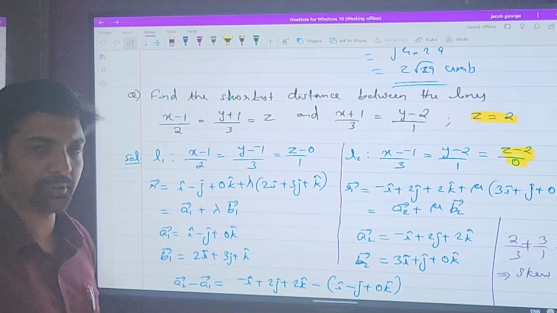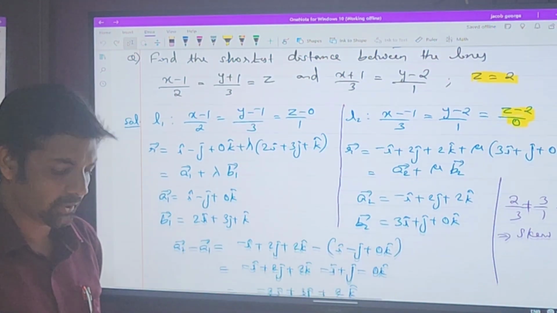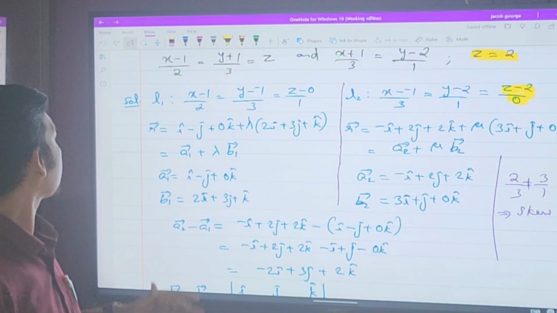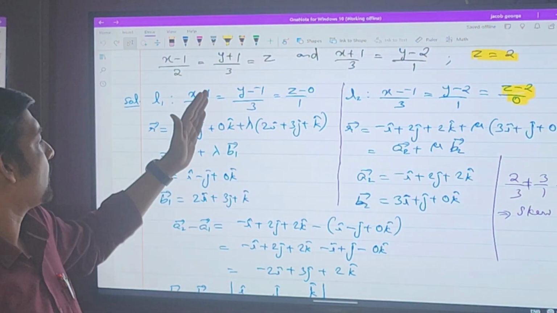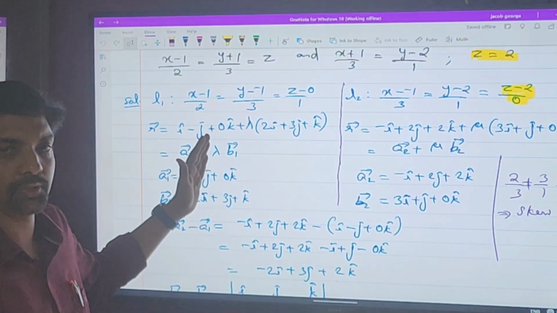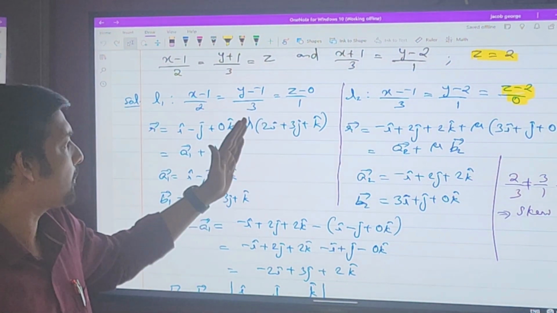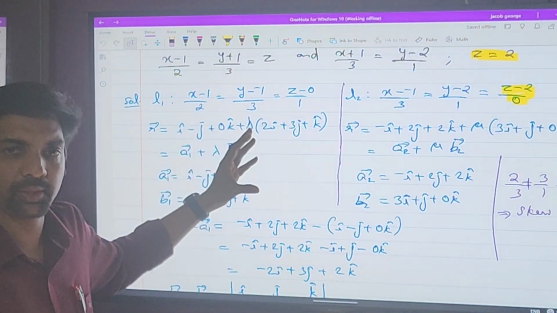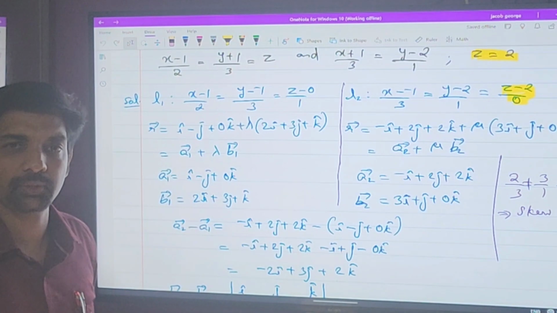Now, the same form as in the last question, you can write the corresponding vector form like this. Vector r is 1 i cap minus 1 j cap plus 0 k cap plus lambda into 2 i cap plus 3 j cap plus k cap.